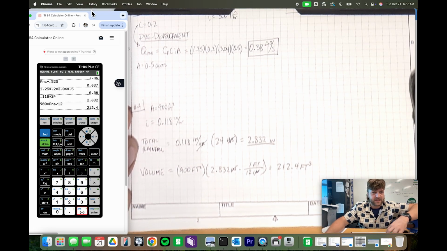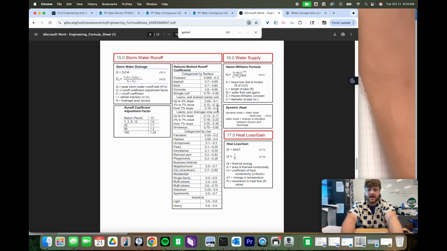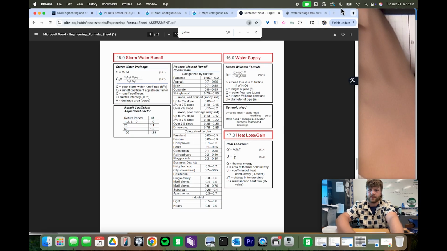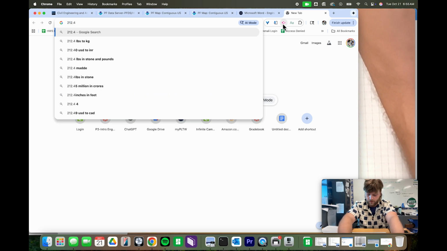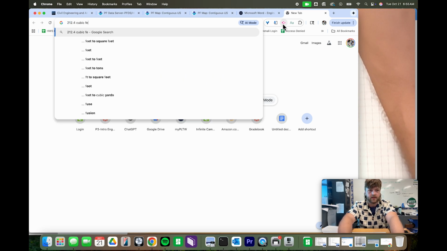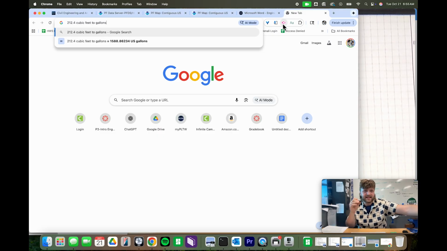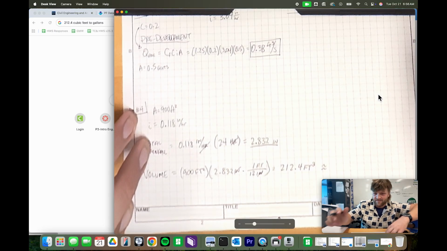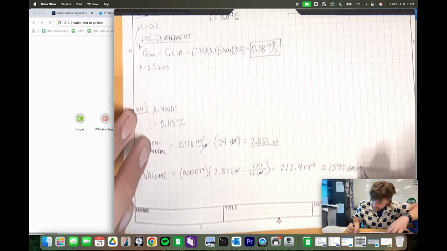Now we can convert this from cubic feet to gallons. Let's take a look at our engineering formula sheet and see if there's any conversion to gallons. Okay, nice. So 212.4 cubic feet to gallons is 1588.86. Let's say that is approximately 1590, and remember that is gallons.